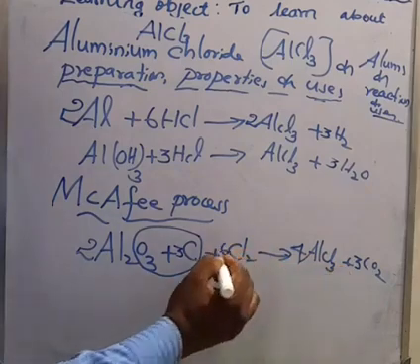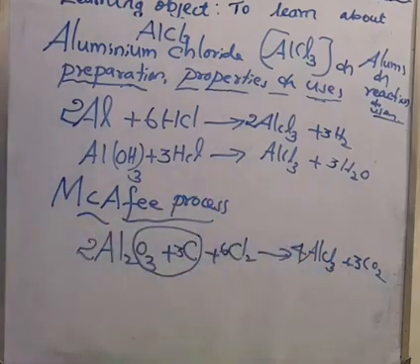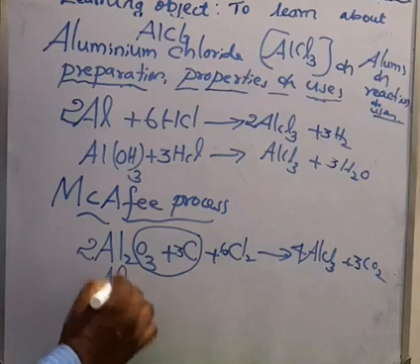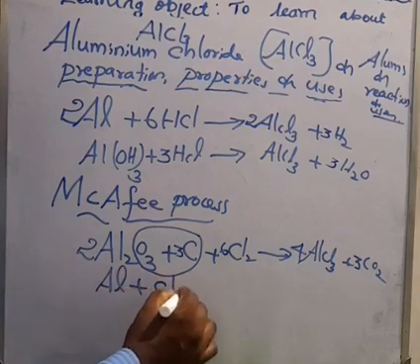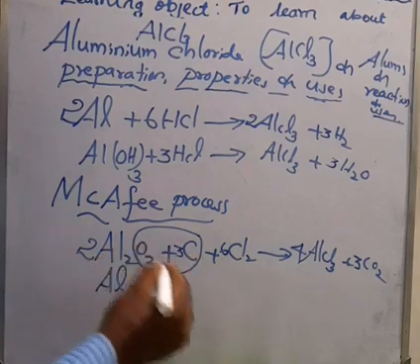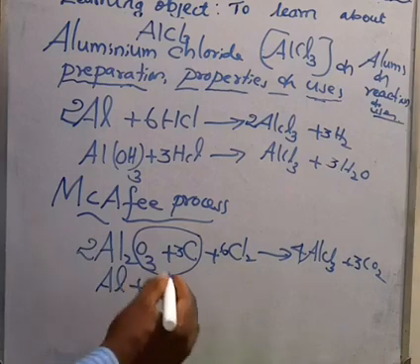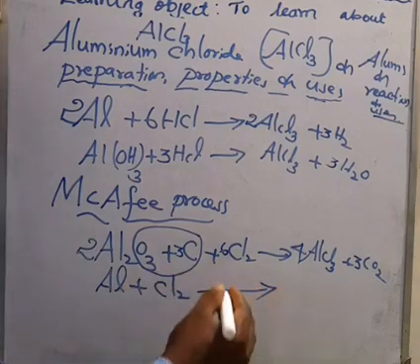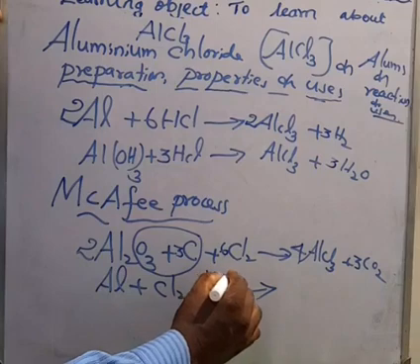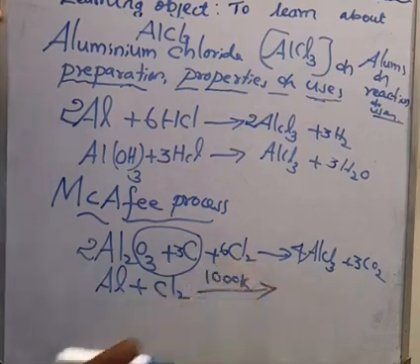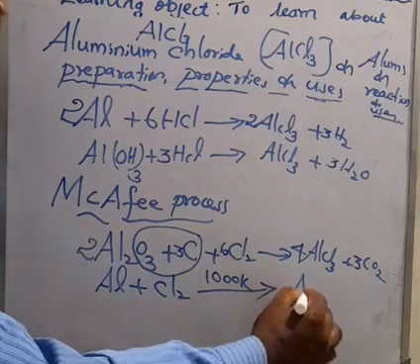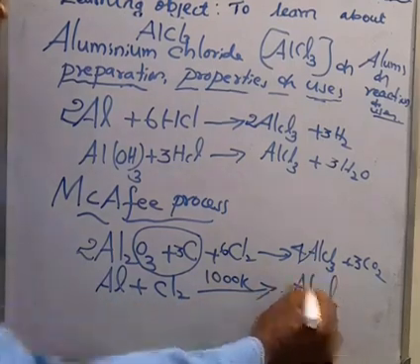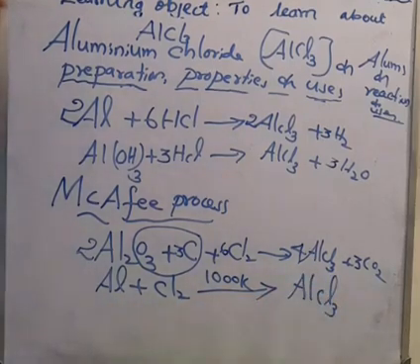Another reaction: aluminium metal reacts with chlorine, that we call chlorinating of aluminium. Aluminium reacts with the chlorine at a temperature of about 1000 Kelvin, we get aluminium chloride.